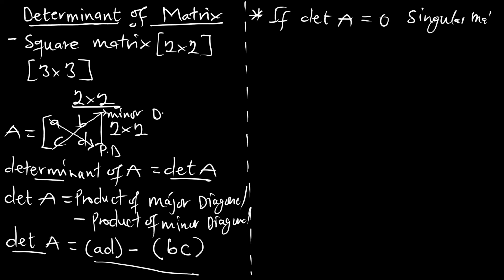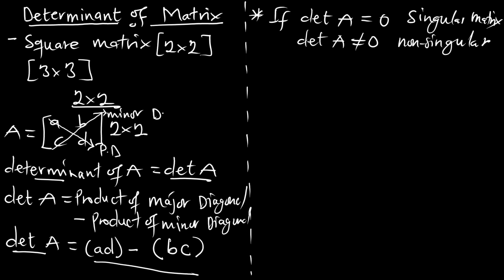Bear in mind, if det A, or the determinant of any matrix, is not equal to 0, any number apart from 0, it means the matrix is non-singular. After calculating, you are going to get a value. Remember, the determinant of a matrix is a value, not another matrix.